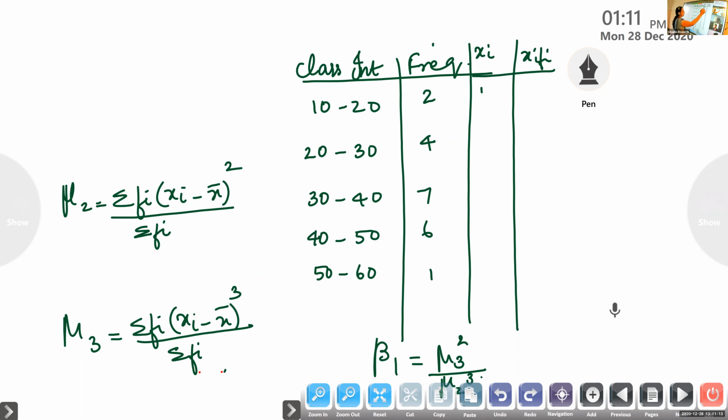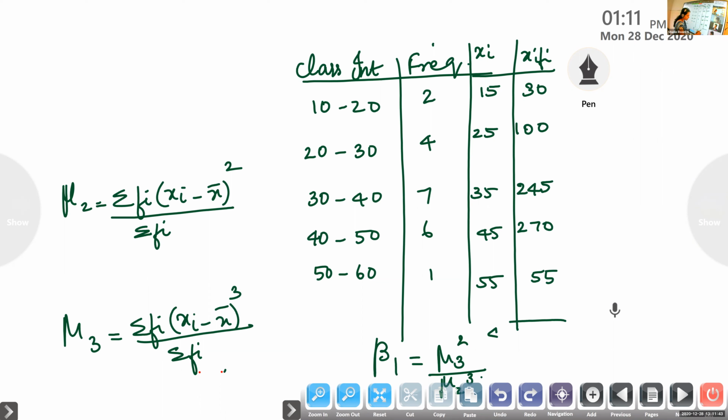So it is 15, 25, 35, 45, 55. Then xi into fi: it is 30, 100, 35 into 7 is 245, 45 into 6 is 270. The next is 55.